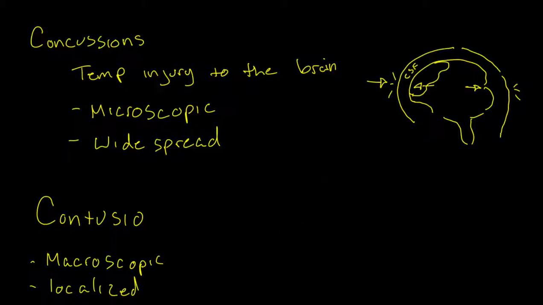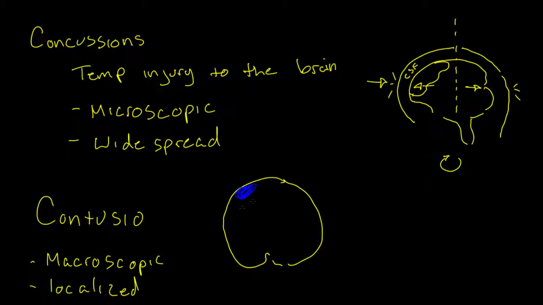And if you were to take this brain up here and cut it in half and then rotate it, and we were looking at the brain, if someone got hit hard enough, what you would see is actual bruising of the area.